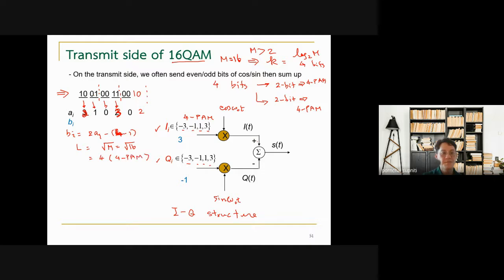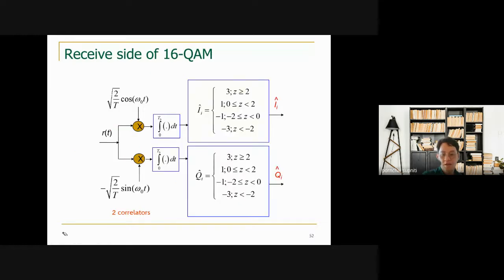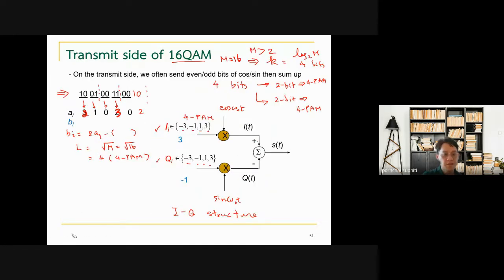Let me erase this, it's a bit difficult to see. The reason we don't put M here is because we look at 4 PAMs for each symbol. We don't look at 16 PAM.